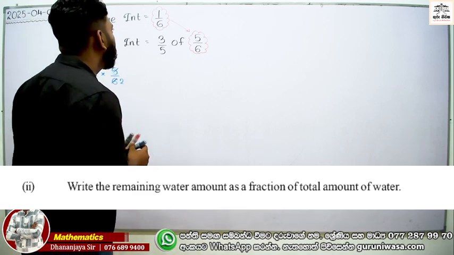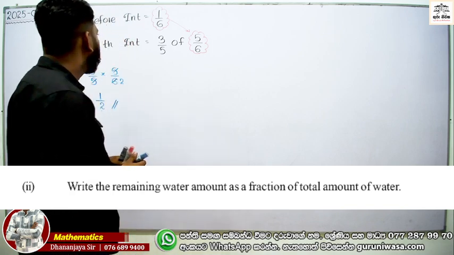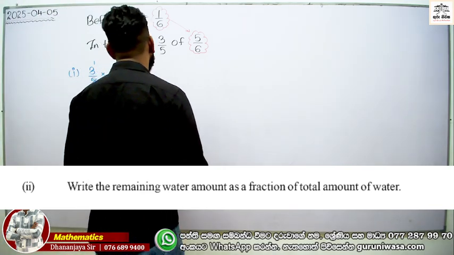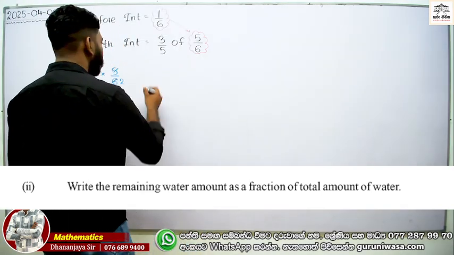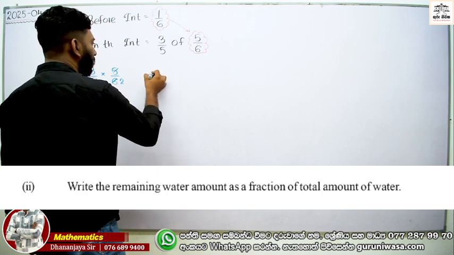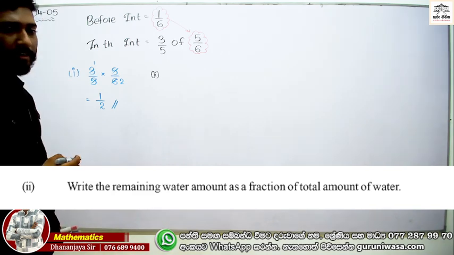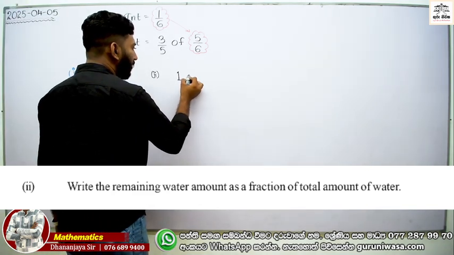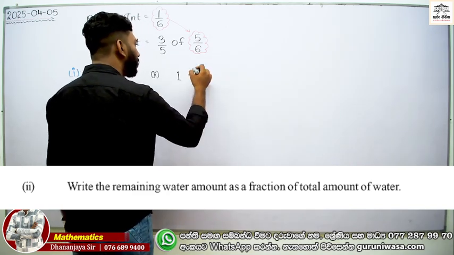Before the interval, 1 over 6, and in the interval, 1 over 2. Now you have to find the answer for the second one. The question is, write the remaining water. You have to subtract from the whole one the sum of the before the interval.